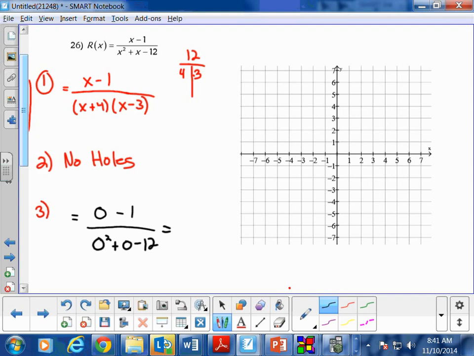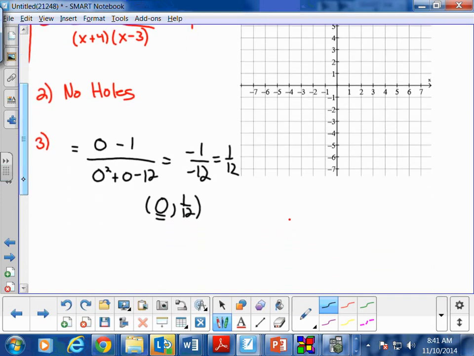This comes out to negative 1 over negative 12. You can use either one and you'll get the same thing, which is 1 over 12, so you have 0, 1 over 12. In ordered pair form, you're setting x equal to 0 because you want to find out what the y point is.